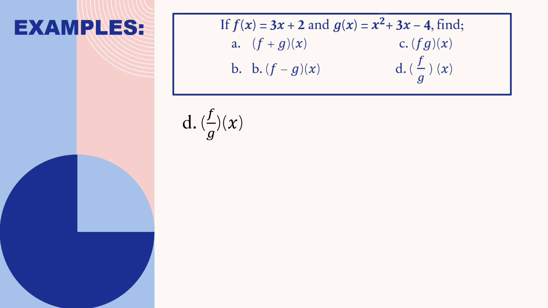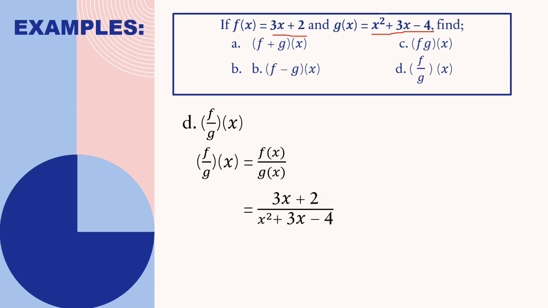Okay, for letter D, f over g of x. So f over g of x is equal to f of x over g of x. So again, the value of f of x here is 3x plus 2 and g of x is x squared plus 3x minus 4.